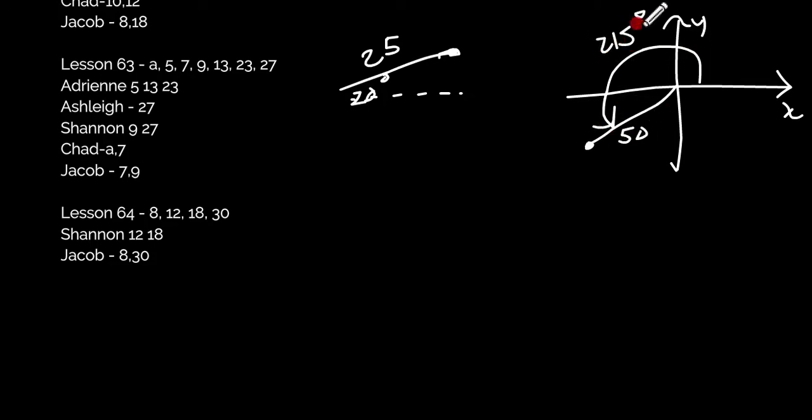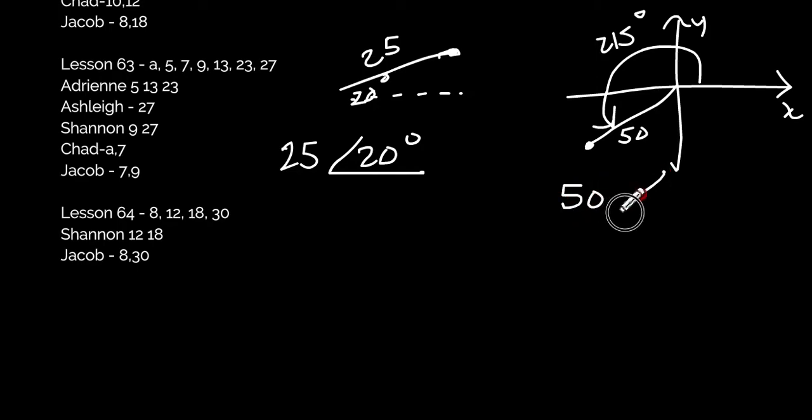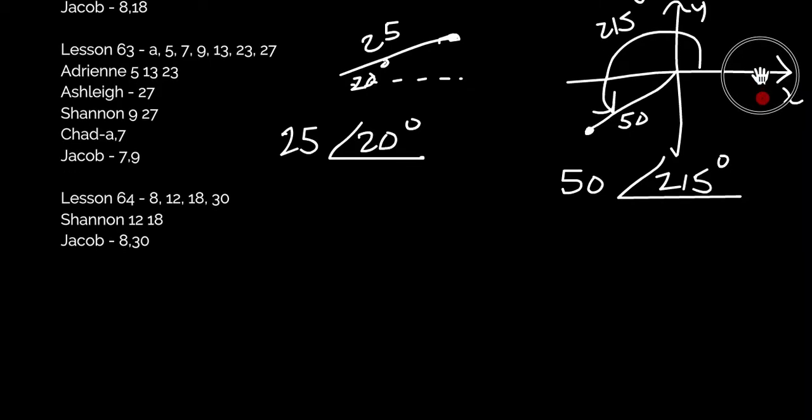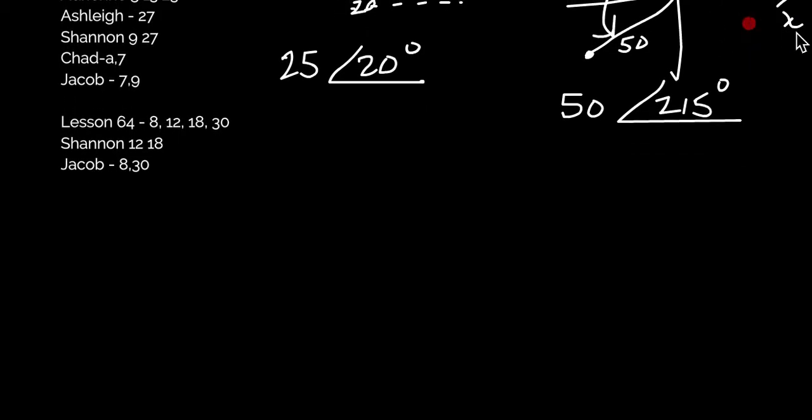Okay, check out this way to do this. This is in polar form, so I'm going to write this in polar form to show you. So this is 25 at 20 degrees. This one is 50 at 215 degrees. We are going to change this into rectangular coordinates, so we need the x and y.